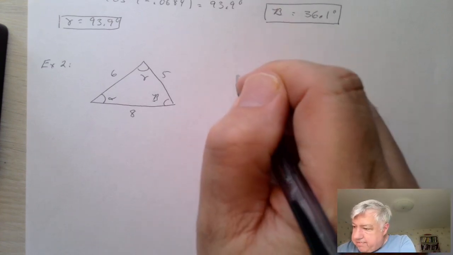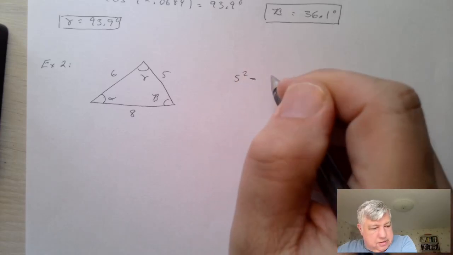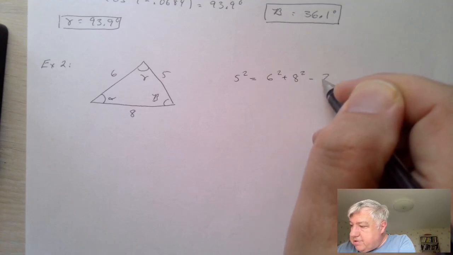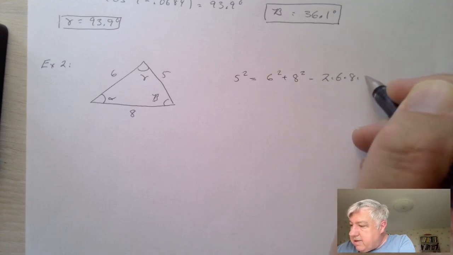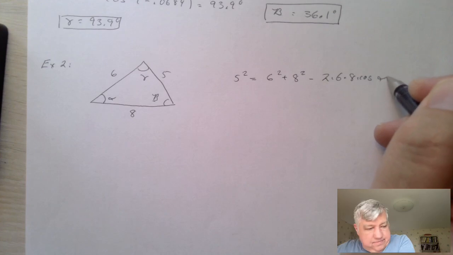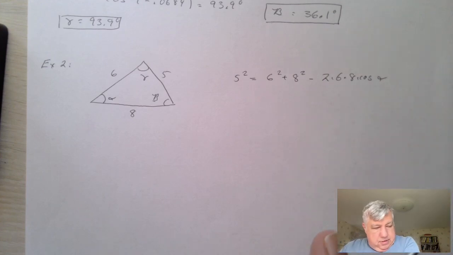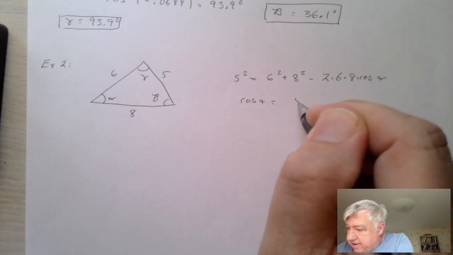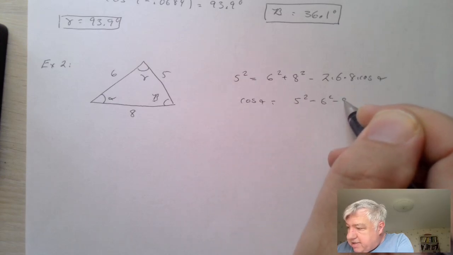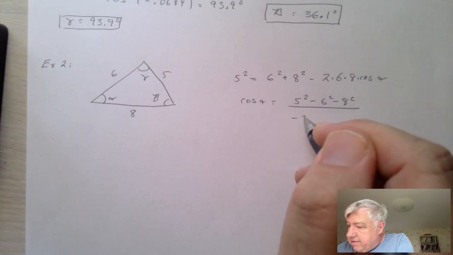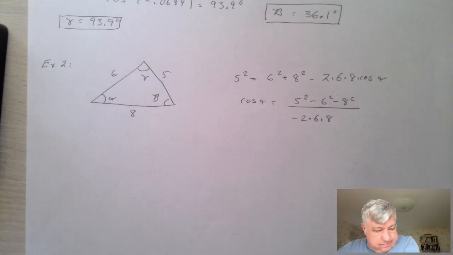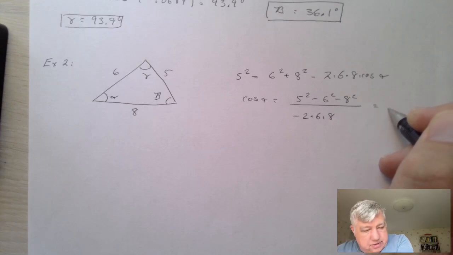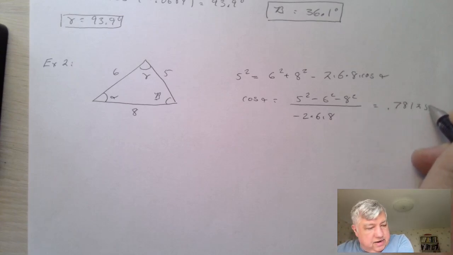So let's first do this one. We have 5 squared is equal to 6 squared plus 8 squared minus 2 times 6 times 8 times the cosine of alpha. So then the cosine of alpha turns out to be 5 squared minus 6 squared minus 8 squared over negative 2 times 6 times 8, and this is 0.78125.